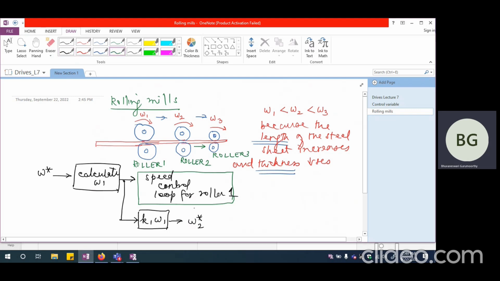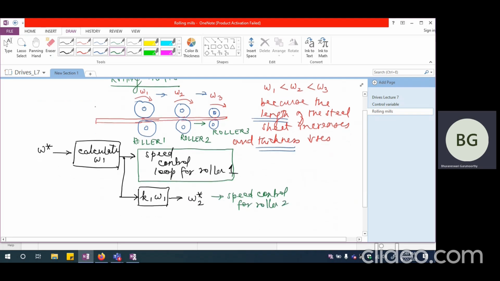So I have to again have a speed control loop here, speed control for roller 2. Similarly, I will have another K factor further on. And I have to calculate K2 times omega 2, and then I would be able to calculate omega 3 star.